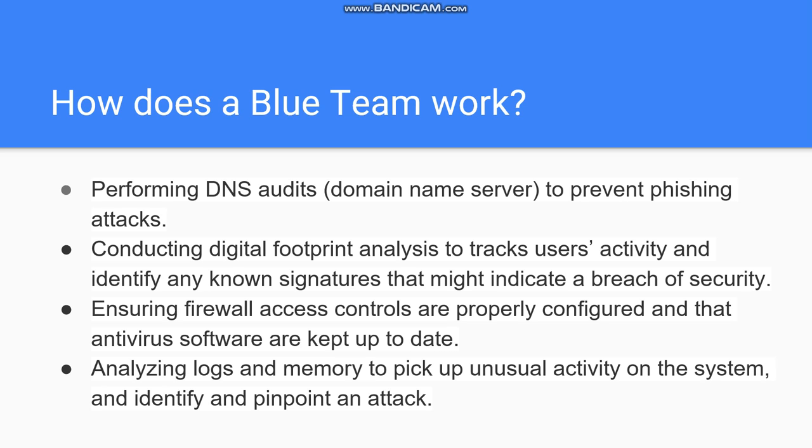Ensuring firewall access controls are properly configured and that antivirus software is kept up to date. So here, again and again, we need to check whether the firewall is configured properly or not, and whether the antivirus software is up to date or not. If not, then we should update our software and configure our firewall as well.